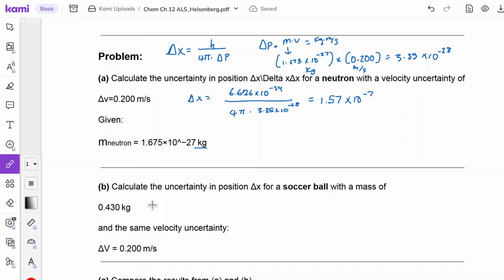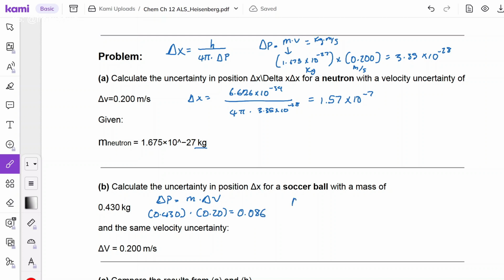So we do the same thing where we find delta P, which is the momentum, which is the mass times the uncertainty in velocity. The mass here is given as 0.43 times the velocity 0.2, which gives us for the uncertainty in momentum 0.086.